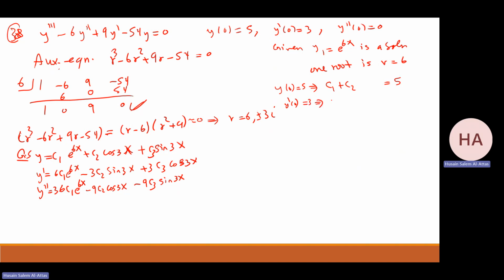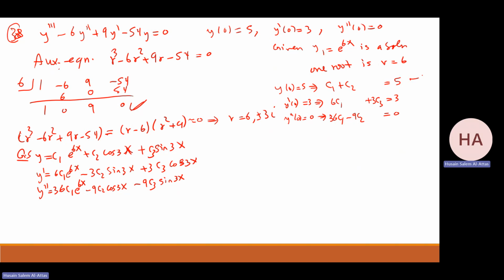That gives me 6C1 plus 3C3 equals 3. Y double prime at 0 equals 0. That gives me 36C1 minus 9C2 equals 0.